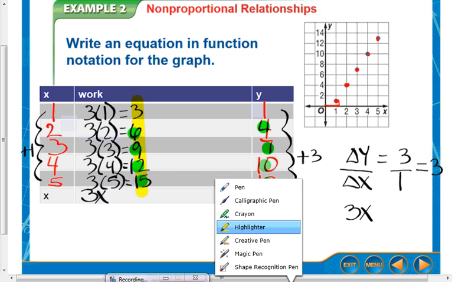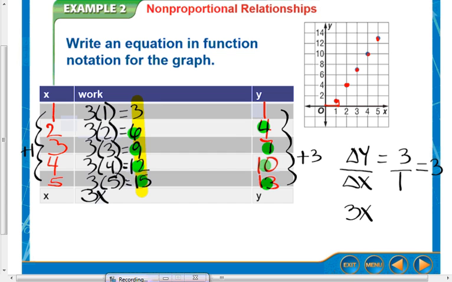What am I having to do every single time? If you said subtract by 2, yay, you're awesome. Minus 2, minus 2, minus 2, minus 2, minus 2. Let's take a look at it. 3 minus 2, use your fingers and toes, is 1. 6 minus 2, 4. 9 minus 2, 7. 12 minus 2, 10. And 15 minus 2 is 13. Do our numbers match?